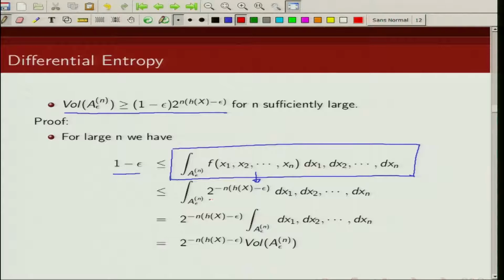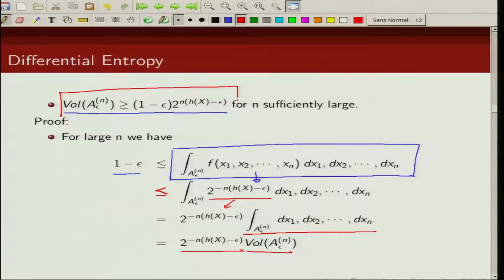If we plug in the upper bound of f(x1, x2, ..., xn) here, we get less than or equal to, and subsequently we take this out and integrate it over the typical set. What we get is the volume of the typical set multiplied by this, and this is greater than or equal to 1 minus epsilon. So from here we get that the volume of the typical set is at least given by this.